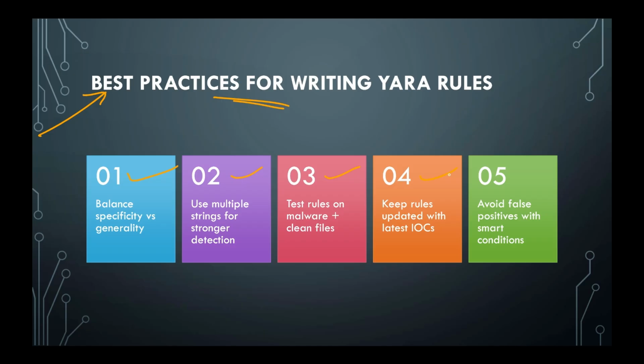Then keep rule updated with latest IOCs. So malware evolve quickly, so it is important to keep your rules up to date with the latest malware variants. So by using these practices, you can avoid the false positive and write the good YARA rules.